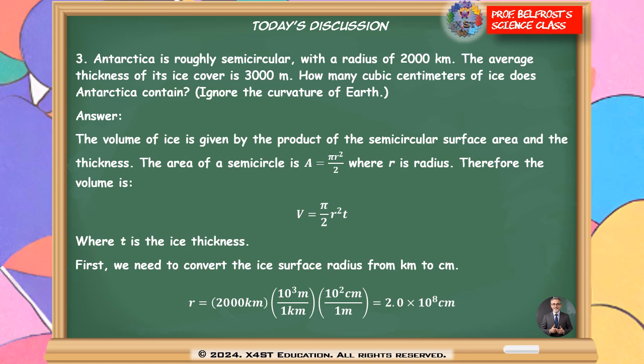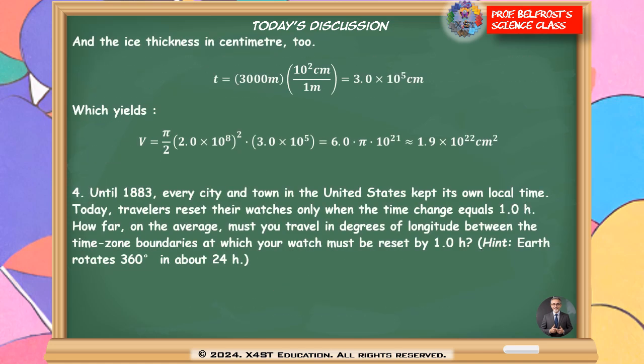Kilometer to centimeter, the radius gives us 2.0 times 10 to the 8 centimeters, and also the thickness, this is 3,000 meters, and then we need to convert into the appropriate value in centimeters, which is 3.0 times 10 to the 5 centimeters, which yields volume approximately 1.9 times 10 to the 22 centimeters cubed, I'm sorry.